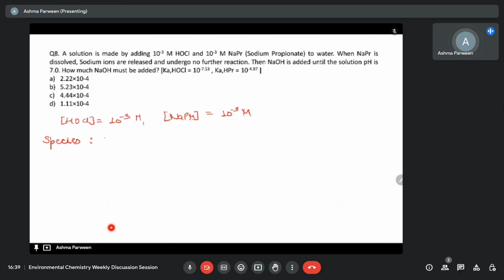The species are H plus, OH minus, HOCl and OCl minus, and next Na plus, HPr and Pr minus.